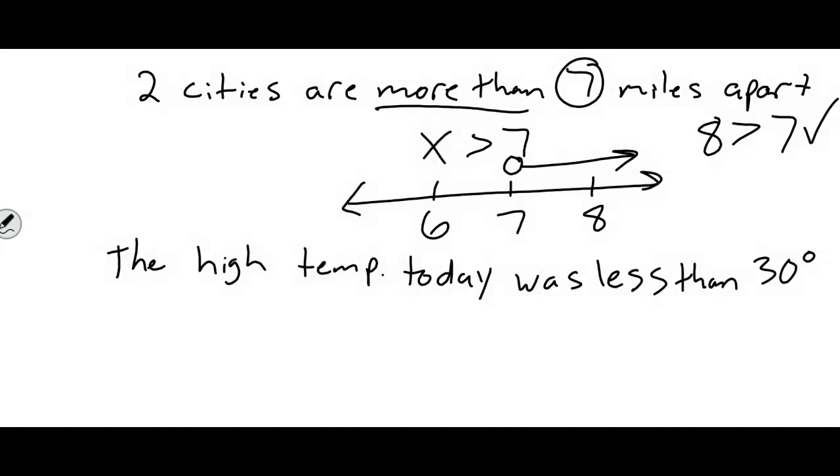Okay. The high temp today was less than 30 degrees. What are the key words in this word phrase? Nadia. Less than 30 degrees. So what would the inequality be? Jack. X is less than 30. Good job. Creating our graph.